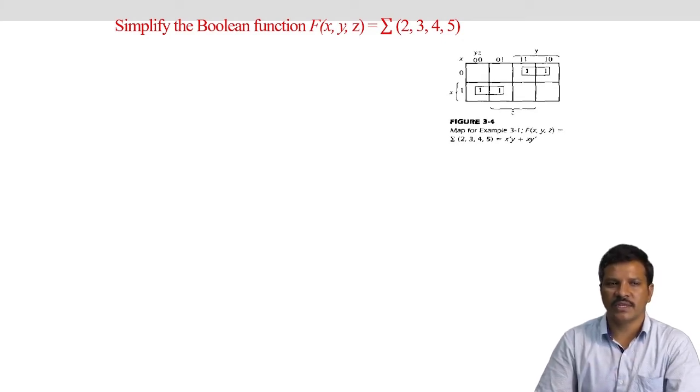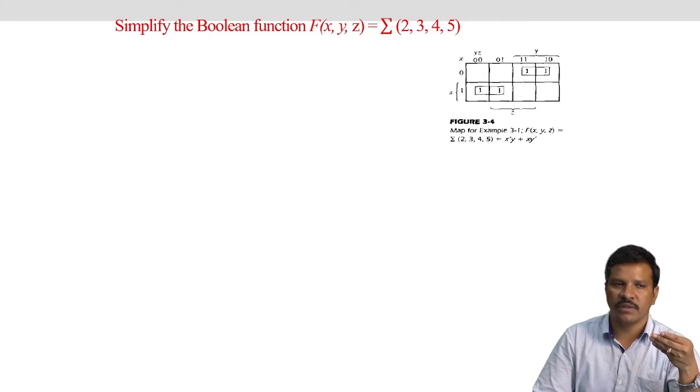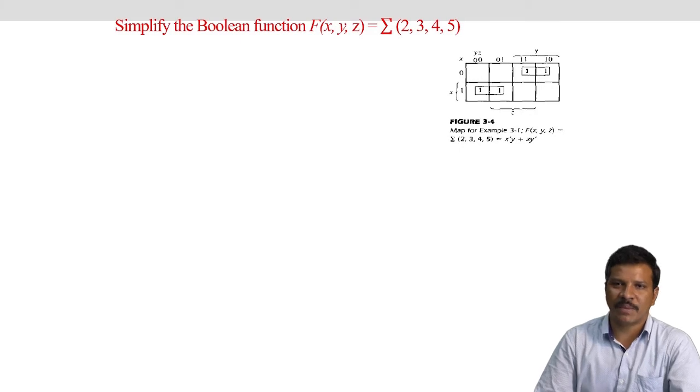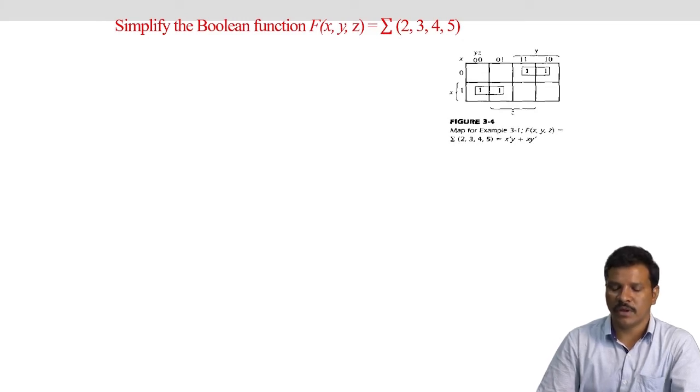One way is to mention minterms in variables, in either complemented or uncomplemented form, or by taking the sum of all minterms like m2 plus m3 plus m4 plus m5. Otherwise, the easiest way is to represent it with a sigma of 2, 3, 4, 5, which represents minterm 2, minterm 3, minterm 4, minterm 5 in the Boolean function. This is the SOP form of m2 plus m3 plus m4 plus m5.